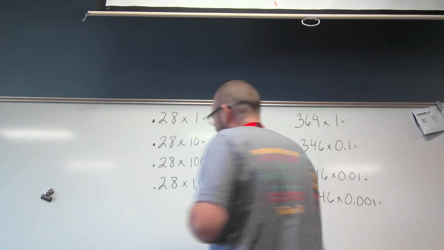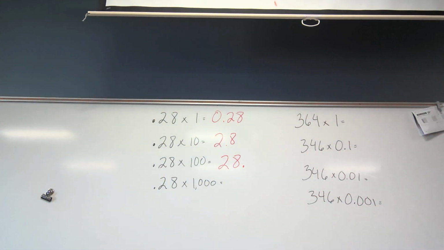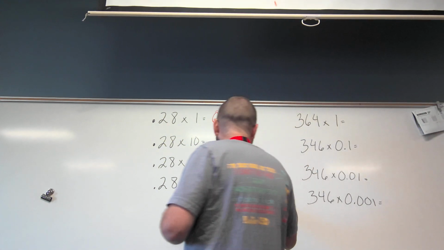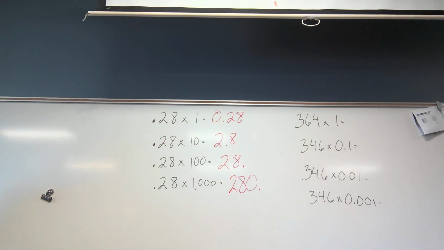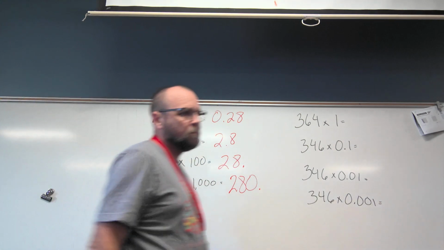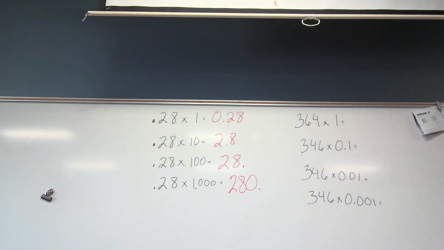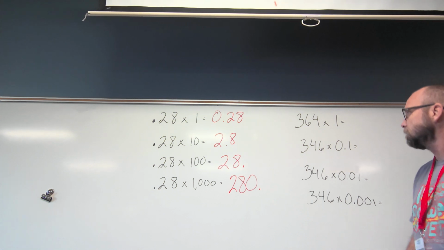Since you're going to be moving the decimal back one, you have to have a number to fill that space, so all I have to do is put in a 0 there. And remember, I've told you many times that every whole number, even if you don't see it, there's a decimal point behind the ones place. Always a decimal point behind the ones place.